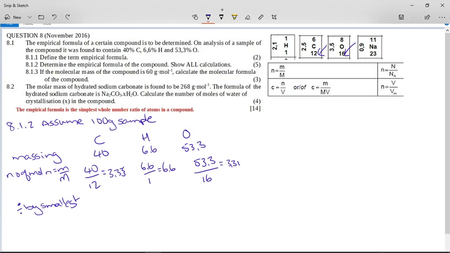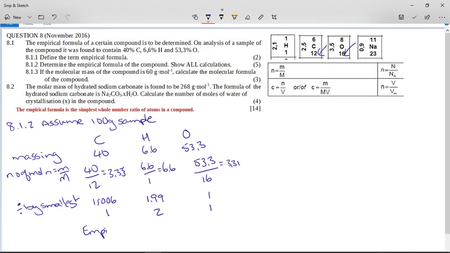We're going to divide by 3.3, and if you work it out exactly on your calculator, you'll get something like 1.006 for carbon, 1.99 for hydrogen, and 1 for oxygen, because this was actually the smallest number. This will easily round off to 1, this will round off to 2, and this is 1.